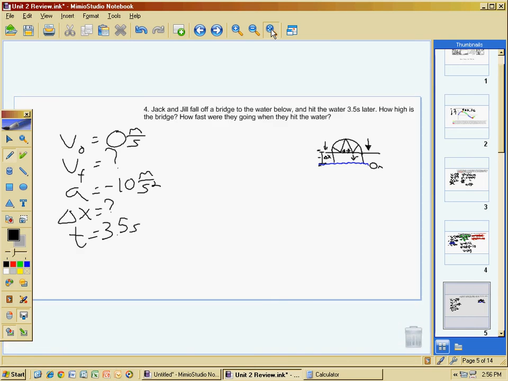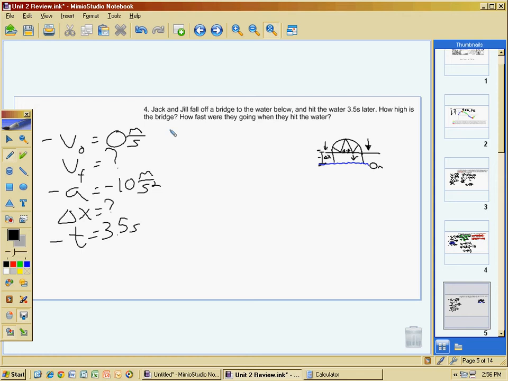Once again, we know 3 things. At this point, you can find things in whatever order, using whatever equations you like, using the method we illustrated in the last problem. So, let's say we find V final first. We don't have delta x, which means there are 2 equations that are possible. You can use either V final equals AT plus V naught, or A equals VF minus V naught over T, solved for VF.